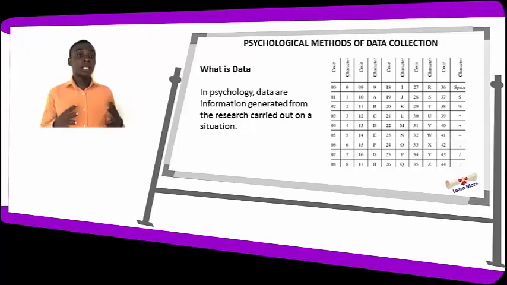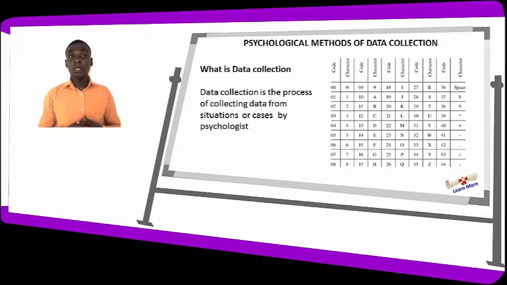So I've explained what data is. Let's go to data collection. What is data collection? Data collection is the process of collecting data from situations or cases by psychologists. Now, it is the psychologists that are carrying out this data collection, not just any research.